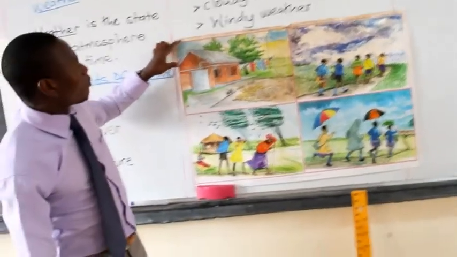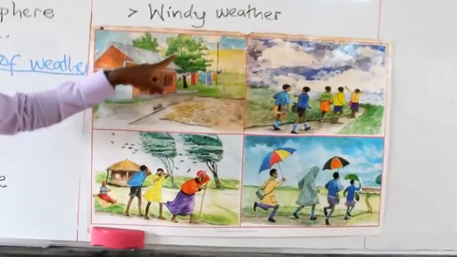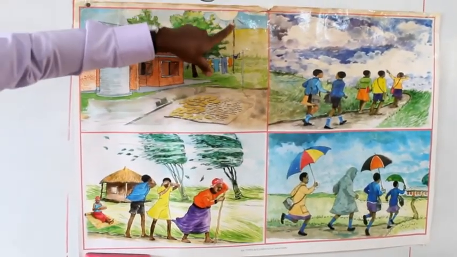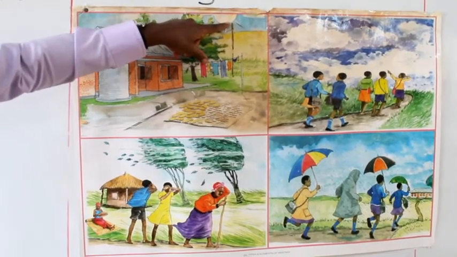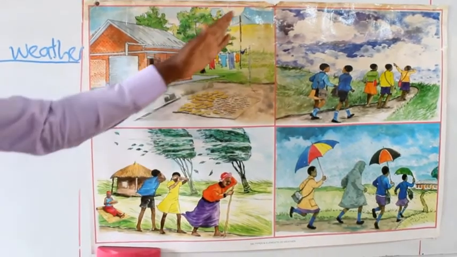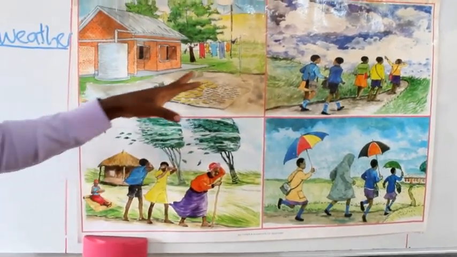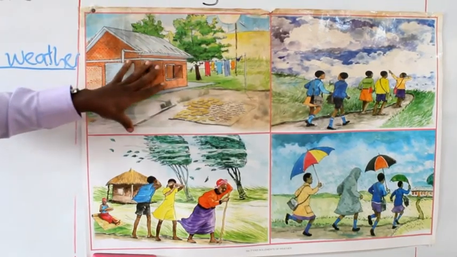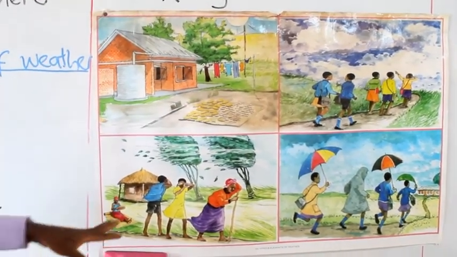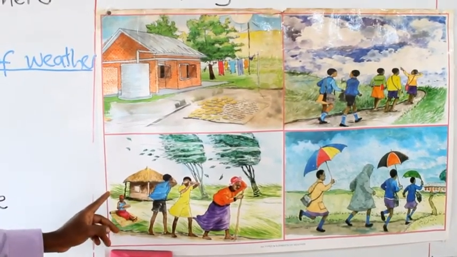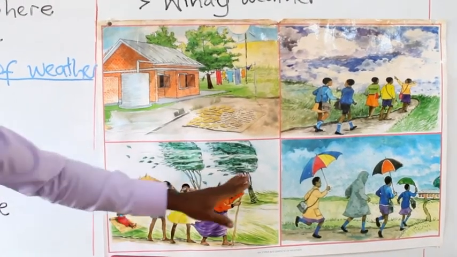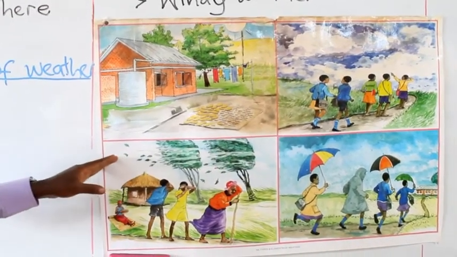Which element of weather can you see in the first picture? The first picture is showing the sun right up here. The sun brings what we term as sunshine, which is an element of weather. And so it brings such a beautiful look to the environment. We go to 2. What kind of weather can you see in picture 2 where I'm touching right now? You can see trees are bending in a certain direction.